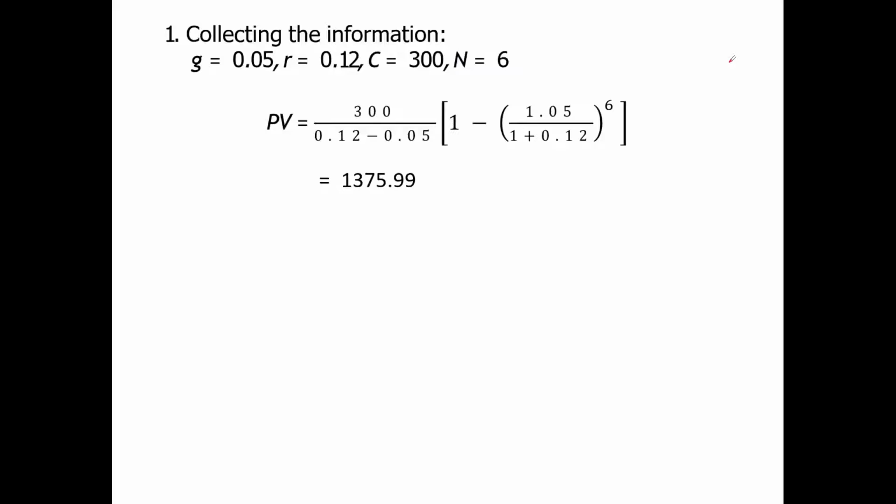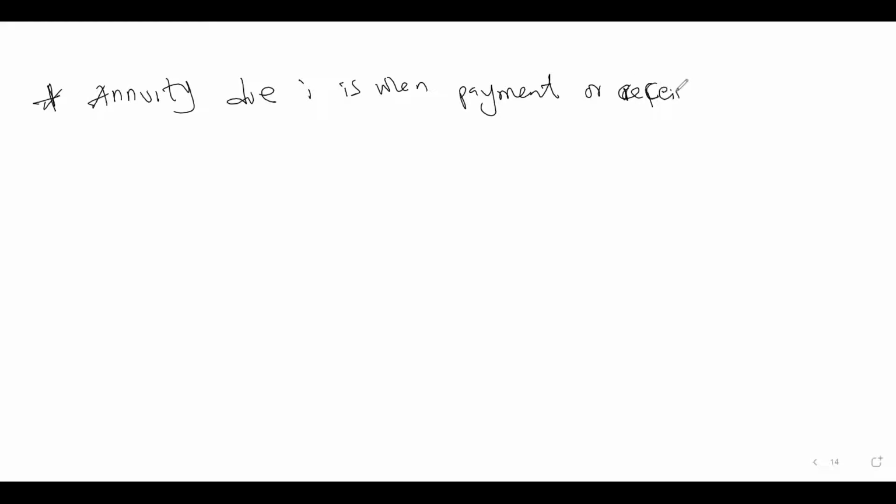Now, before we go to perpetuity, there is something that I need to share. It's not in the slides, but I just need to share. The concept of annuity due. Annuity due is when payments or receipts are made at the beginning of the period.